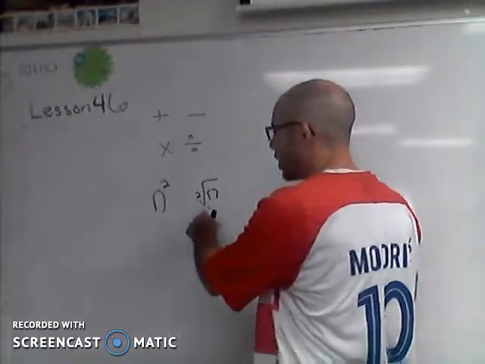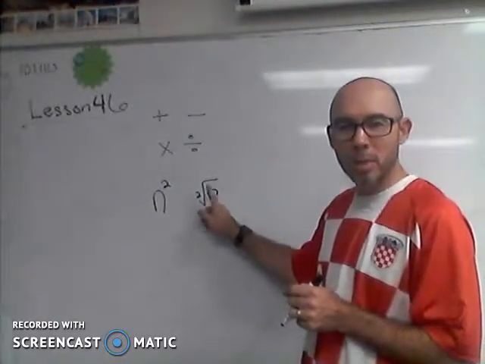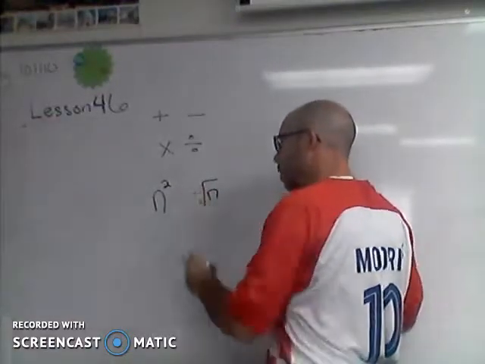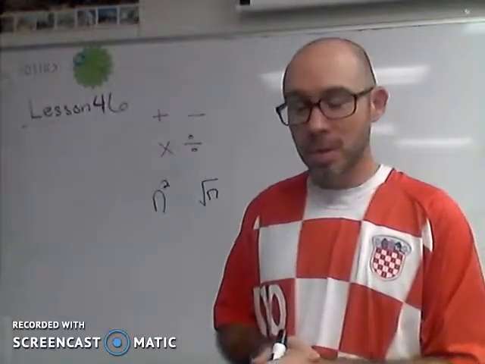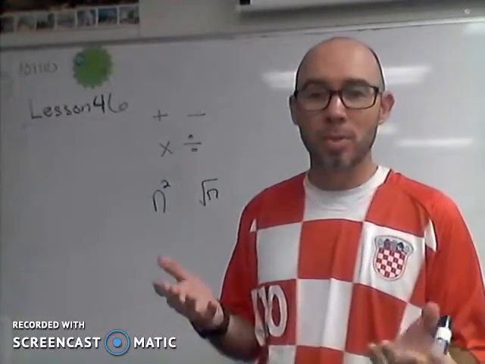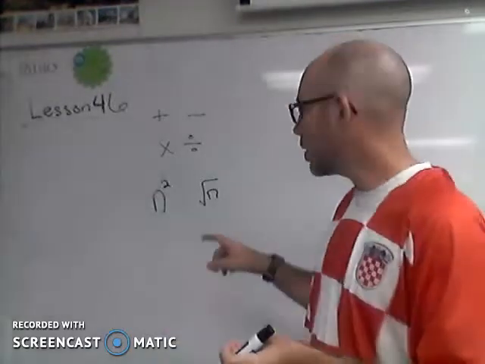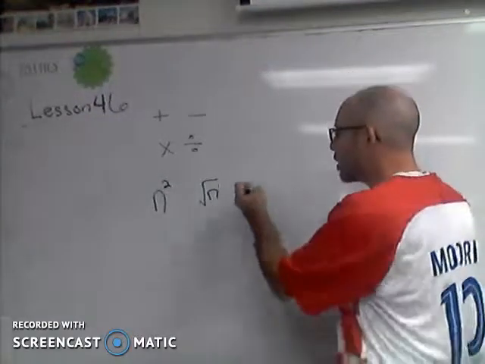Now, one thing to tell you is that you rarely ever see anybody write one of these radical signs with a 2 out in front. That's because if it's missing, it is understood that something's being taken to the second root, or what we call the square root. When we do this, we call that squaring. And we can think of it in terms of area.